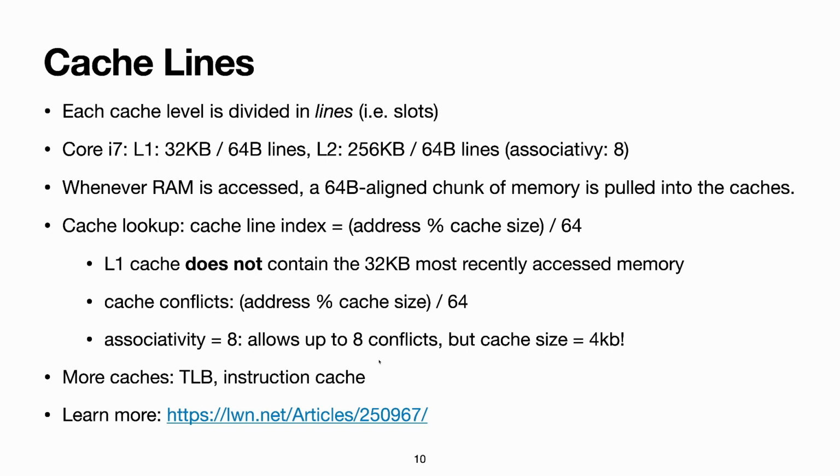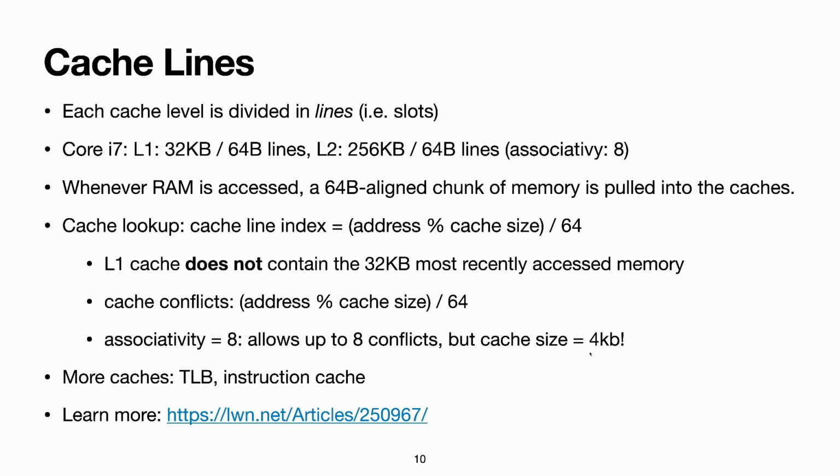The result of this is that the total memory for every cache line index is 4 kilobytes, but you have 8 versions of it. So another way to think about it is that your 32 kilobyte cache is divided into 8 subcaches, and each of the subcaches has different cache lines that they can put in there.